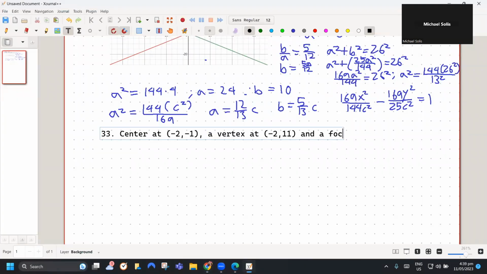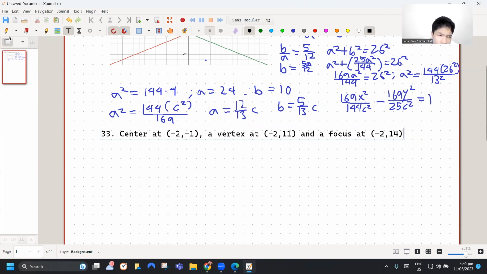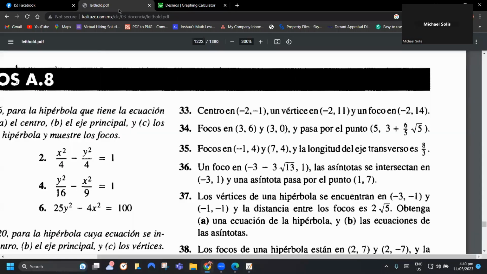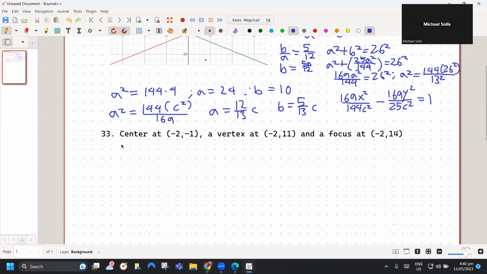Center at negative 2, negative 1. Center at negative 2, negative 1. And then a vertex at negative 11 and a focus at 8, negative 5.